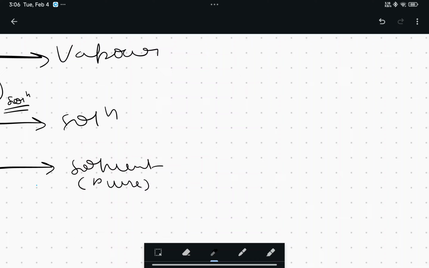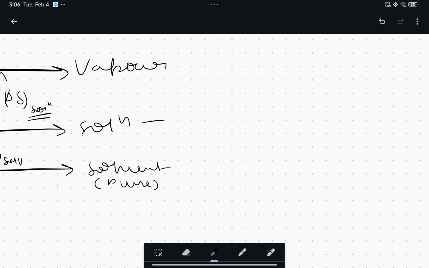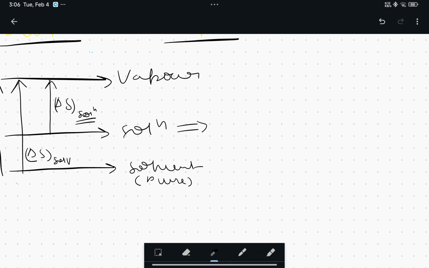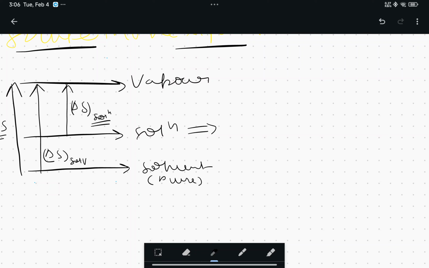So this graph implies that delta S of the solvent is more than delta S of the solution. So we know that this is a phase change.